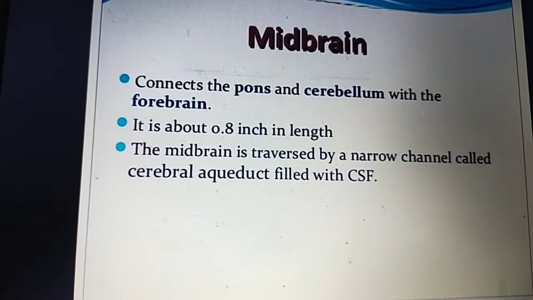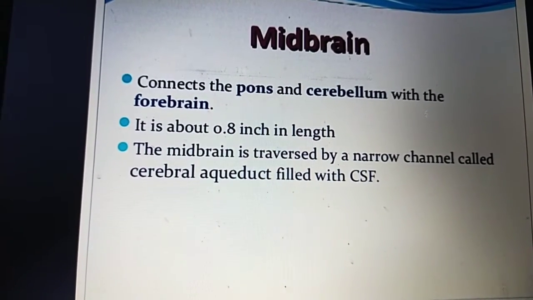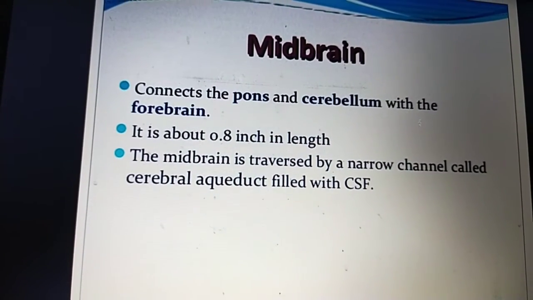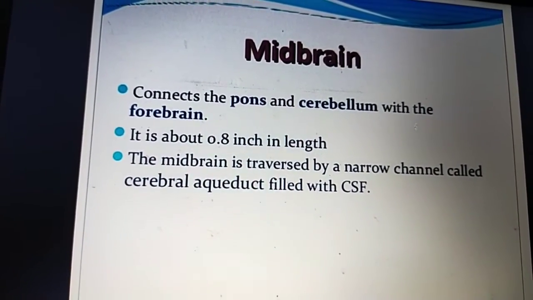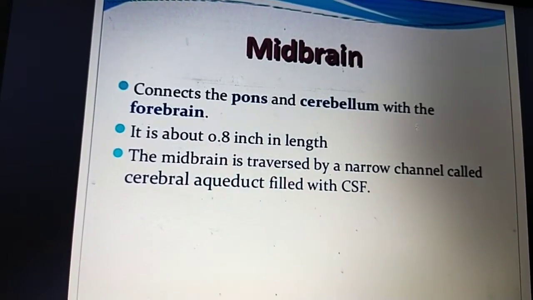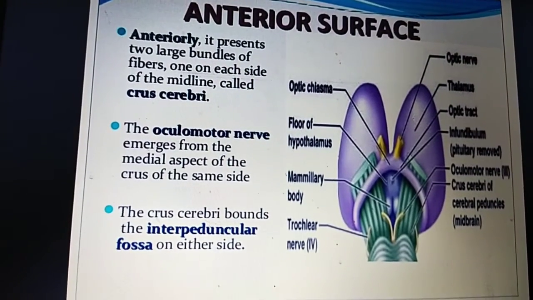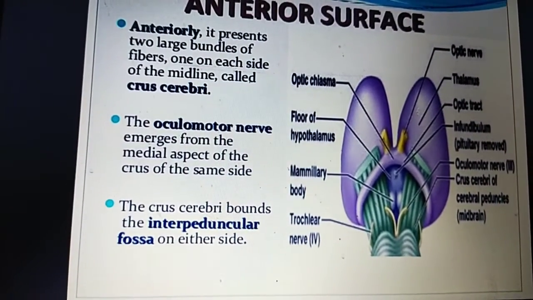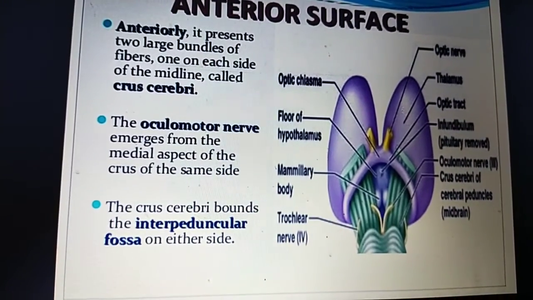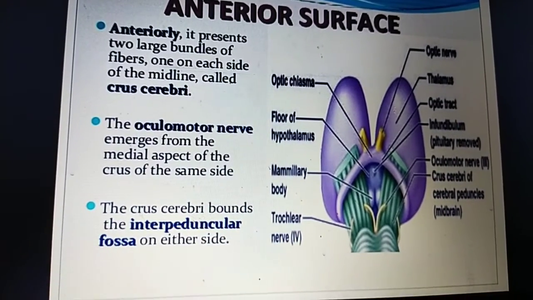The midbrain connects the pons and cerebellum with the forebrain. It is about 0.8 inch in length. The midbrain is traversed by a narrow channel called the cerebral aqueduct, filled with CSF. On the anterior surface, the midbrain presents two large bundles of fibers, one on each side of the midline, called the crus cerebri.